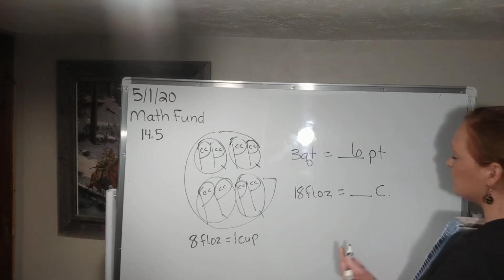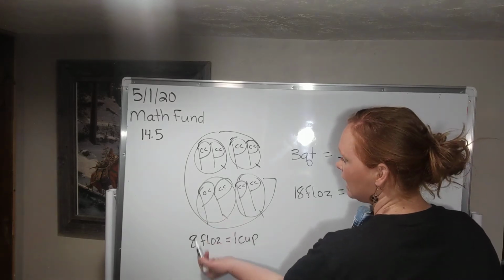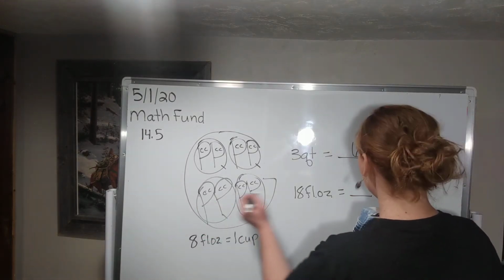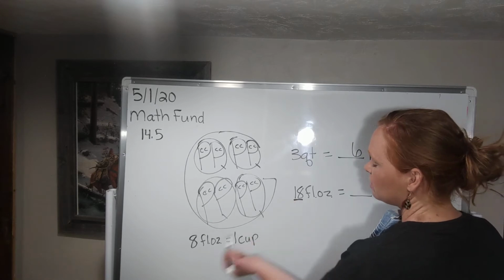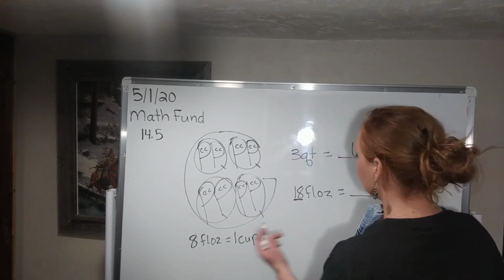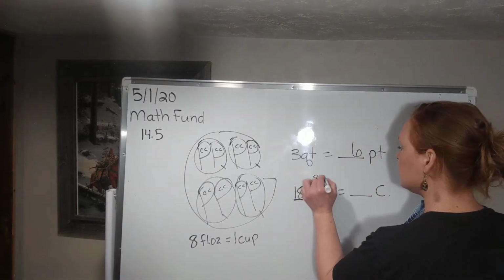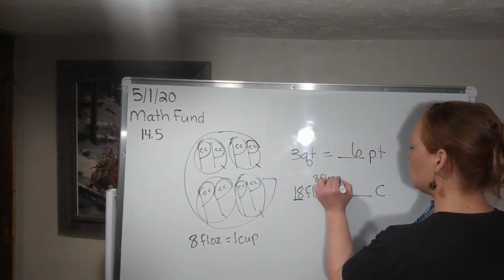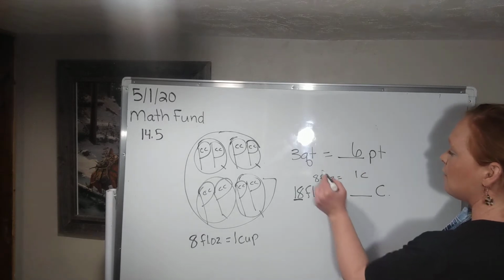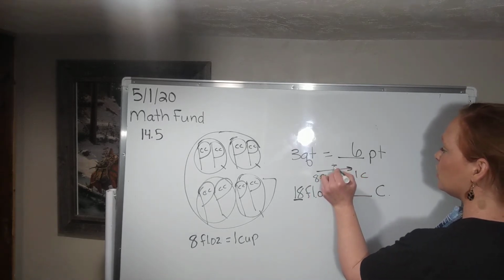Okay. Next, they give me 18 fluid ounces equals how many cups? Now, in this case, each cup has 8 fluid ounces. So it wants to know how many is 18. So I'm actually just going to have to do a conversion here, which is that 8 fluid ounces equals 1 cup. My number is getting smaller, so I'm going to divide.